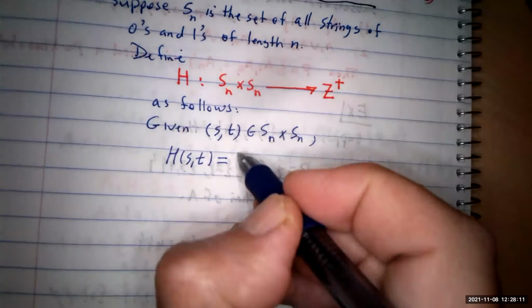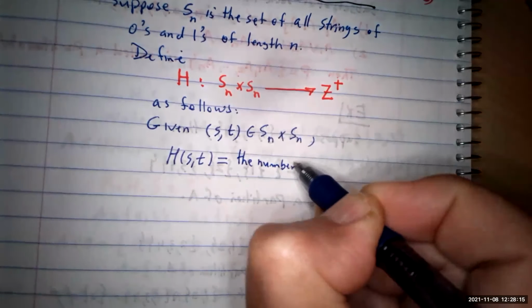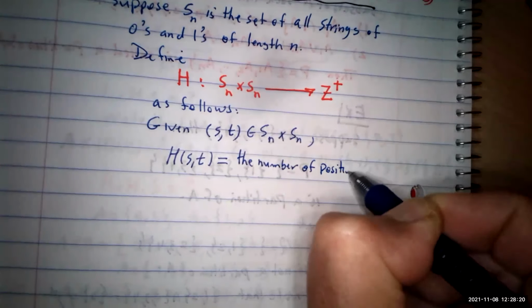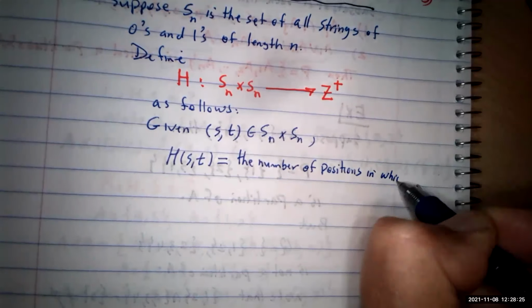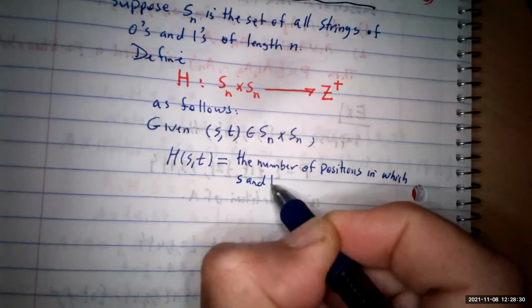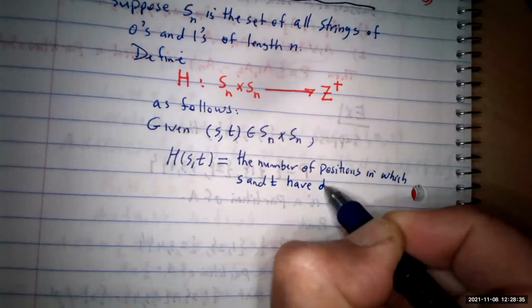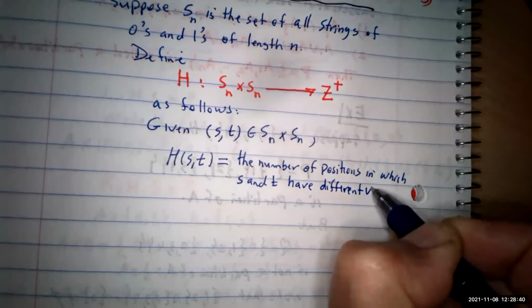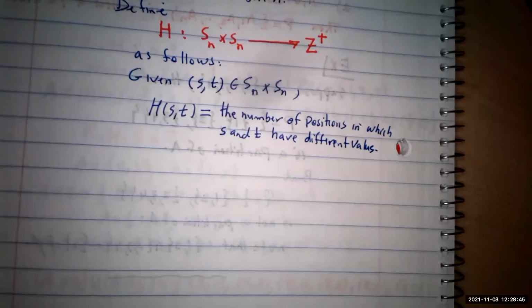So this is the number of positions in which S and T have different values. Okay, different values. So that's the definition of your function.